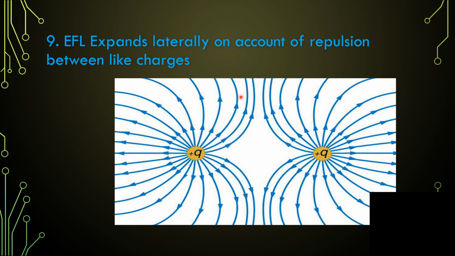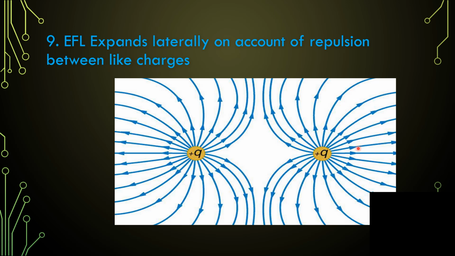That's why the field lines are curved. But if I consider either side, it is almost a straight line, because the force of this one is dominating more than the force due to the second charge. As it is repelling like this, there is one more force, but its effect is less here, right?